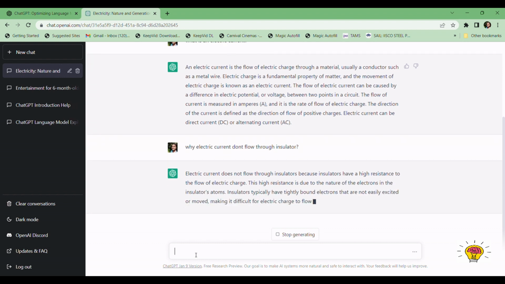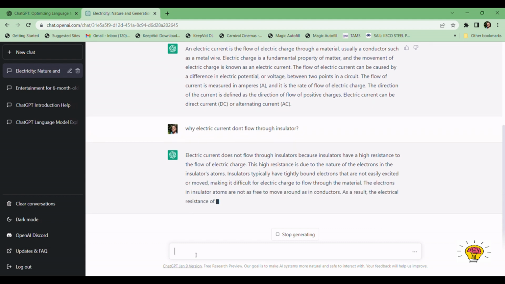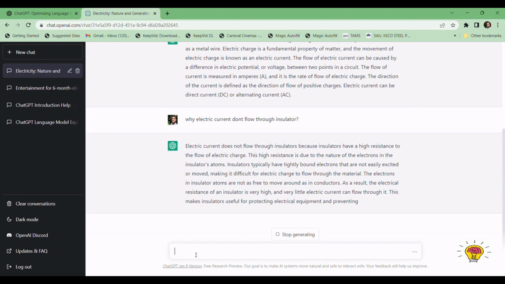This high resistance is due to the nature of electrons in the insulator's atoms. Insulators typically have tightly bound electrons that are not easily excited or moved, making it difficult for electric charge to flow. As a result, the electrical resistance of an insulator is very high and very little electric current can flow through it.